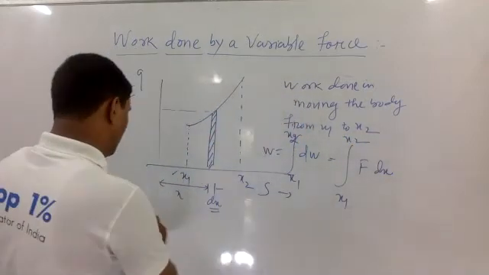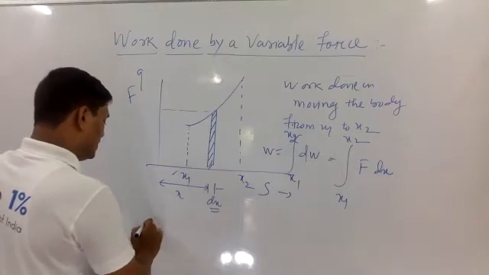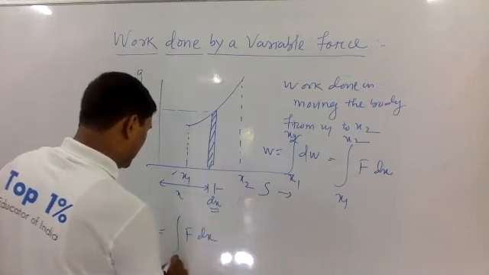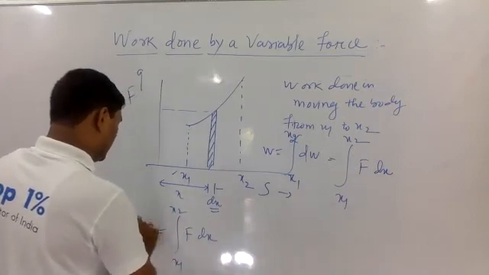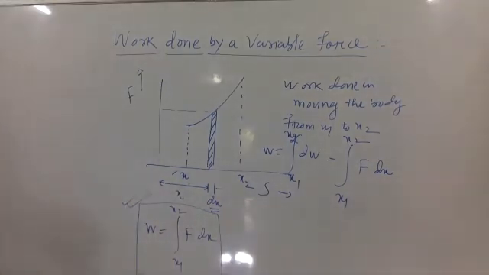So this could be the formula if I am interested in finding work done. Work done is equal to the integral of F dx from x1 to x2. So this can be the method for finding the work done by a variable force.